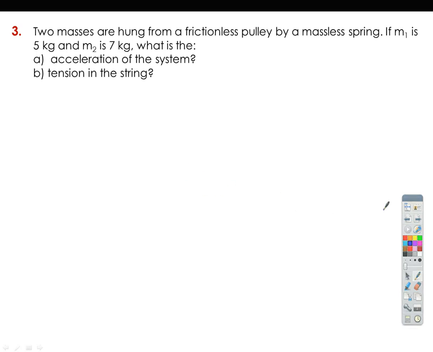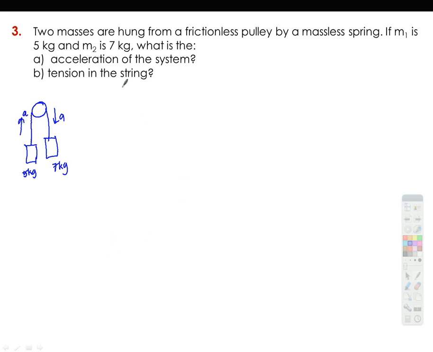Okay, so it's just the same thing, but this time we do not have a drawing because I would like you to know how to draw. We have two pulleys. Okay, let's say our M1 is 5 kilograms, and then our M2 is 7 kilograms. And we know that based from this one, this is heavier than the other one. It will be accelerating this direction.